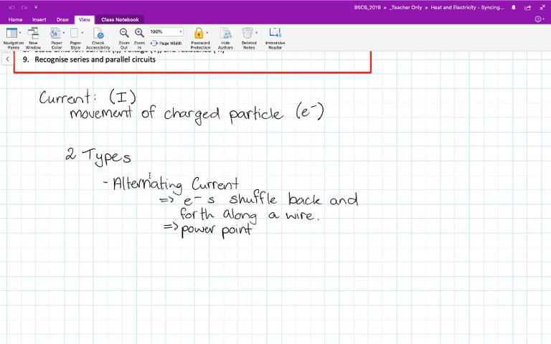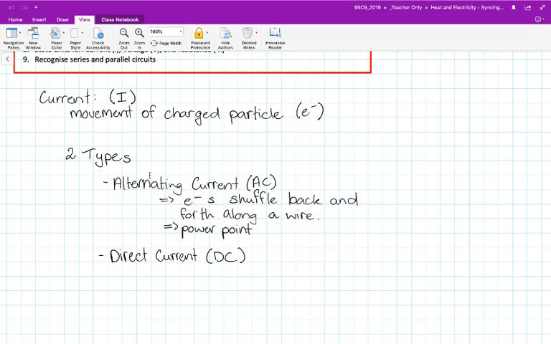So that's as far as we're going to go with alternating current, and we're going to concentrate more on the other type, which is your direct current, or DC. So we've got AC, DC. Your direct current is the one we enacted yesterday.